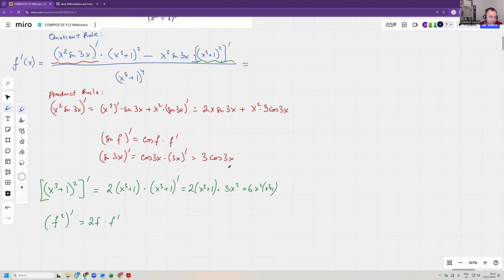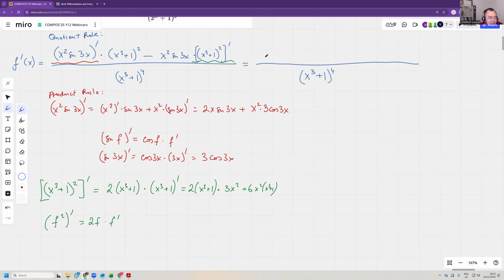All right. And I use these results and I put them all back in to get the final answer, which I do not need to simplify, because it will take more time to simplify than actually solve it.